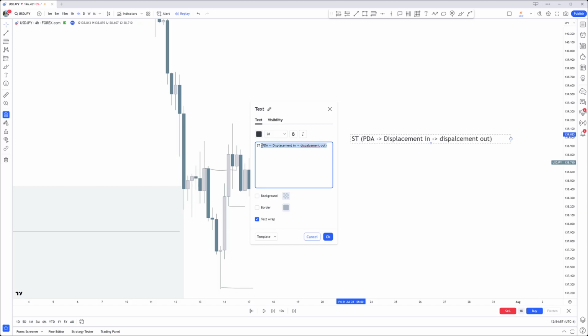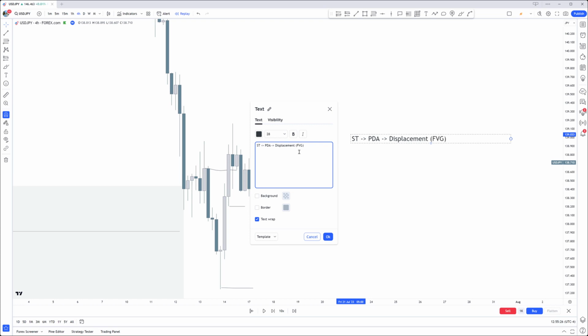After you have your ST, what do you need? You need move into a PD array. So that is your first line of defense, that is your overlapping part, or that is your last line of defense. So either one of those. And then from that PD array, you need a new displacement higher or lower. So new displacement, new fair value gap, which is again also definable by FVG.